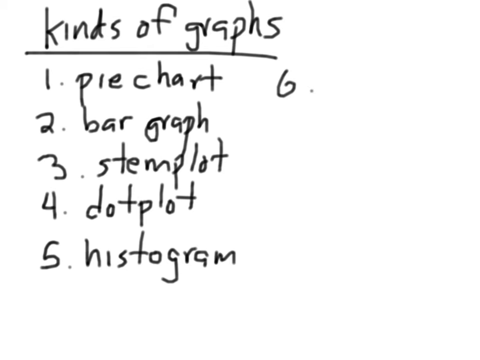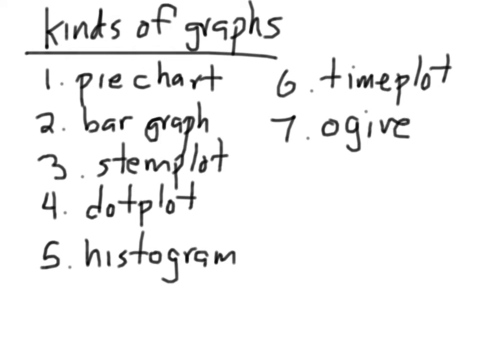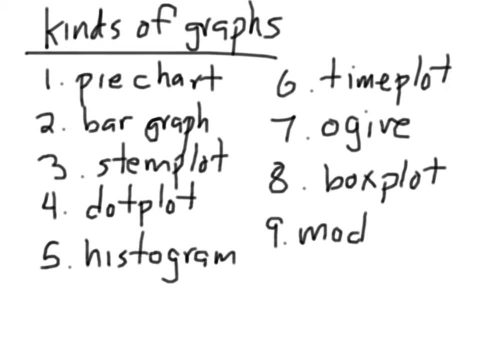Number 6 is a time plot. Number 7 is something called an ogive, which we're going to look at a little bit later on. Number 8 is a box plot. And the last one, number 9, is something called a modified box plot.